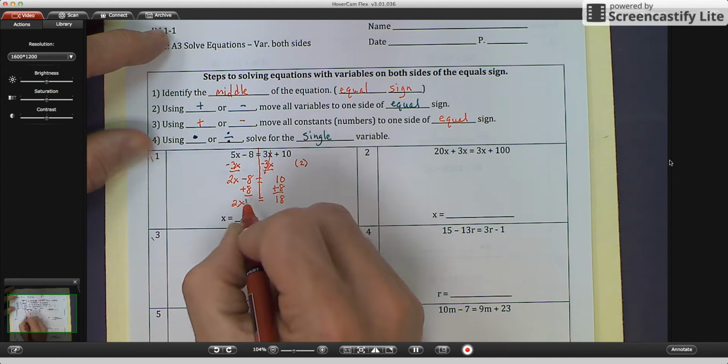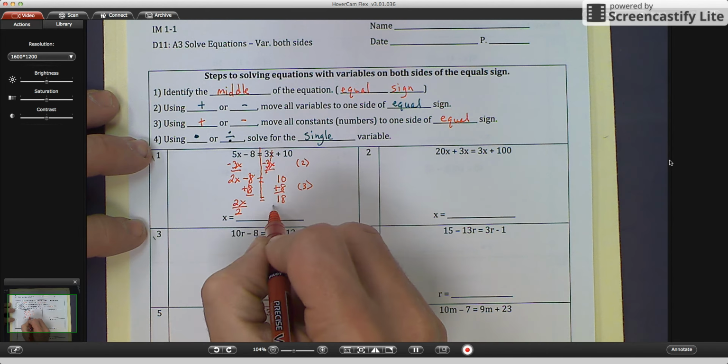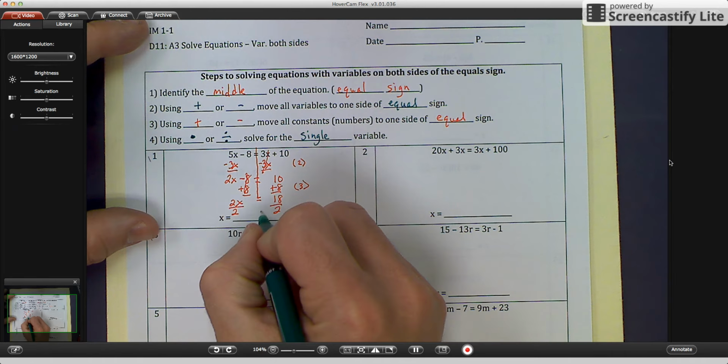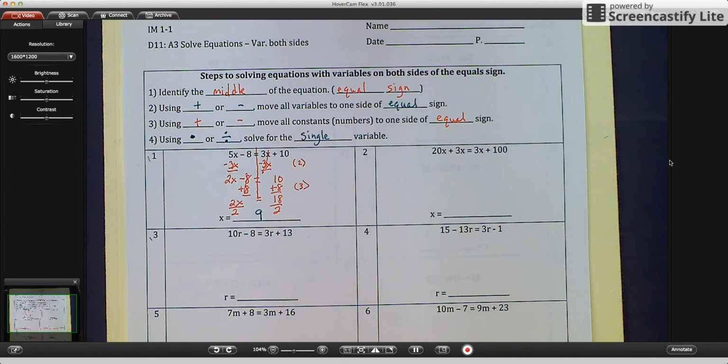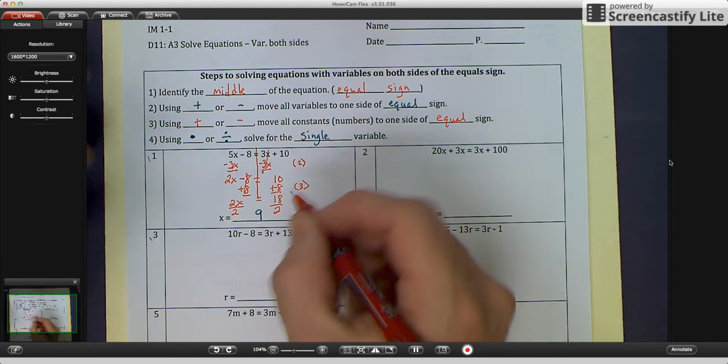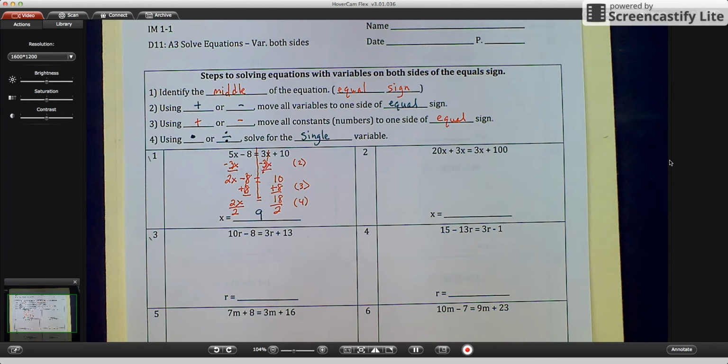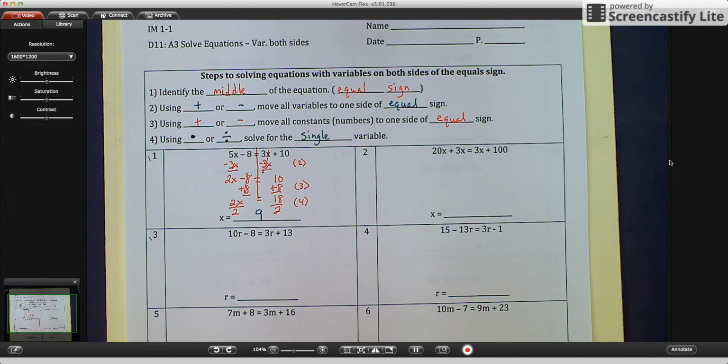These cancel out. And then, I have 2x equals 18, so I need to, step 4, using multiplication or division. I'm going to divide by 2, and my answer should be x equals 9. And again, the division part here was step 4. So those are the 4 steps that we're going to do in order to solve all of our equations.